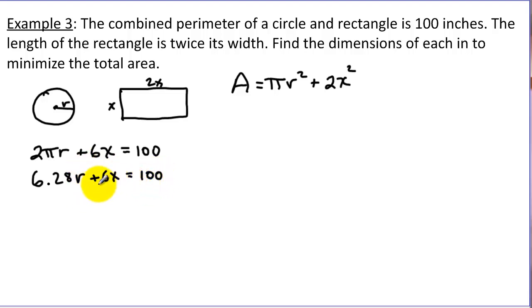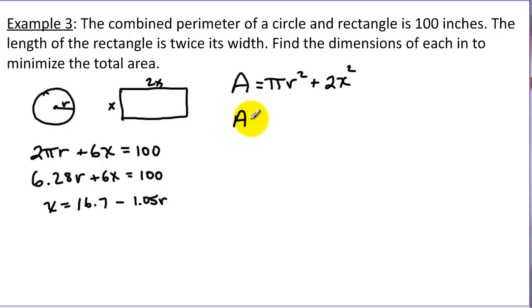And if I solve this for x, I'm going to subtract this and divide by 6, and I get the equation x equals 16.7 minus 1.05 r.